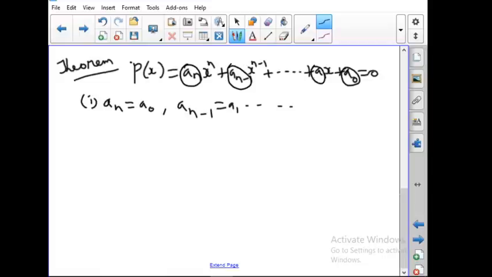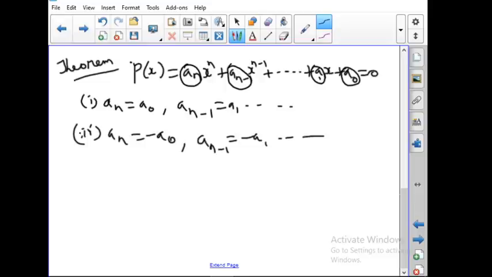So this should be the same. Then the second condition is an is equal to minus a naught, an minus 1 is equal to minus a1, and so on. If any one of the conditions is true, then we say that the given polynomial is a reciprocal equation.